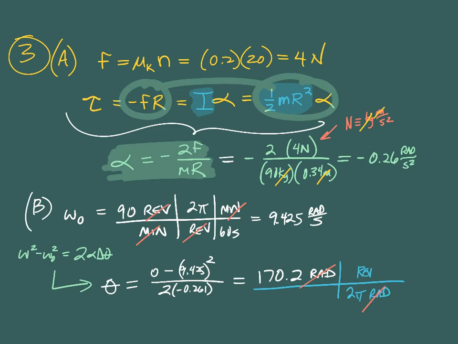So radians drop, and this means that you would have roughly 27 revolutions. So that one kind of pulls some of the new stuff in with some of the old stuff.